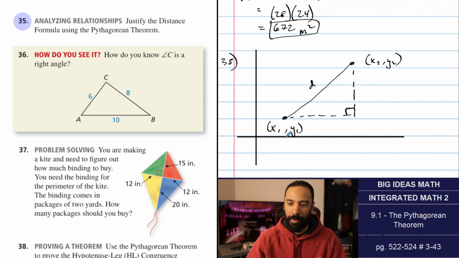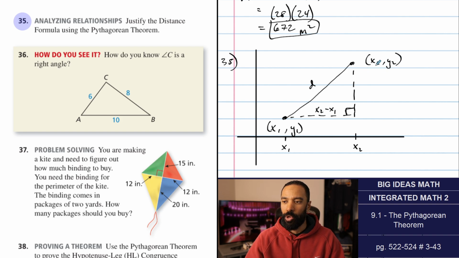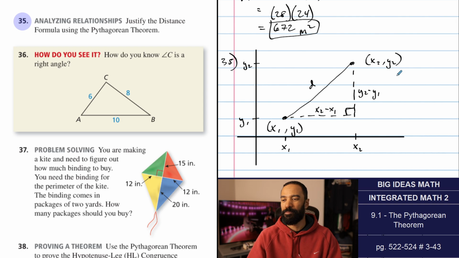The distance between my x's, x1, remember x1 is like this part right here, and x2, is by taking my x2 and subtracting x1. x2 minus x1. The y2 would be this guy. The y1 would be this guy. And these are arbitrary values. Doesn't matter what they are. Distance has to be positive. But you can subtract one or the other. But this subtraction is y2 minus y1. Just take one minus the other.